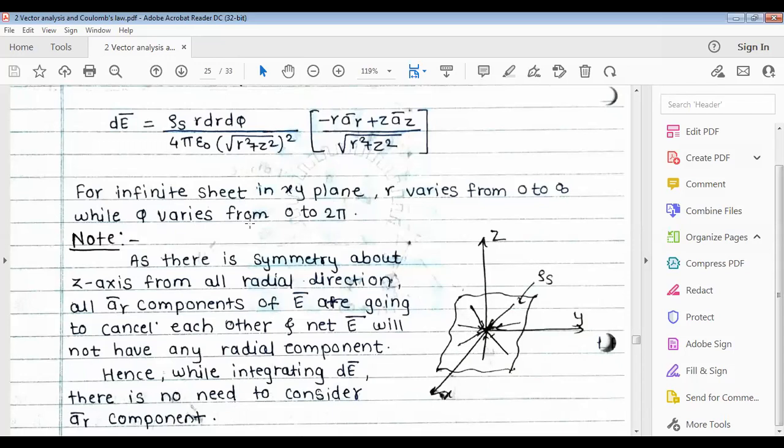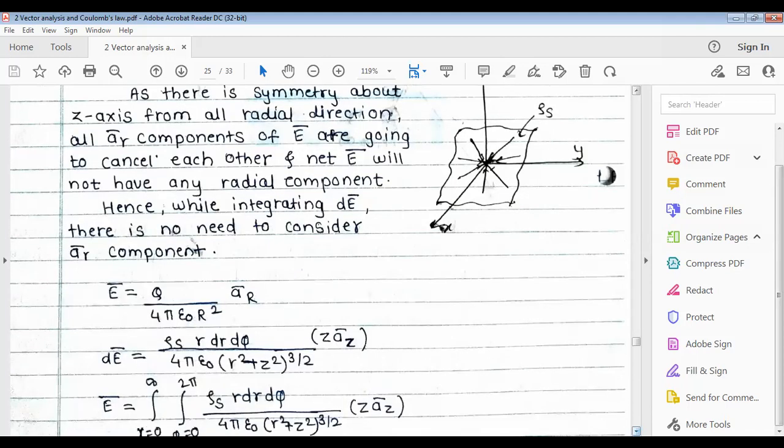Due to the symmetry about the z axis, from all radial directions, if we consider this z axis and go in all directions, the radius is the same. That's why the component of E bar produced due to that radius gets cancelled. Therefore your a bar r component gets cancelled.